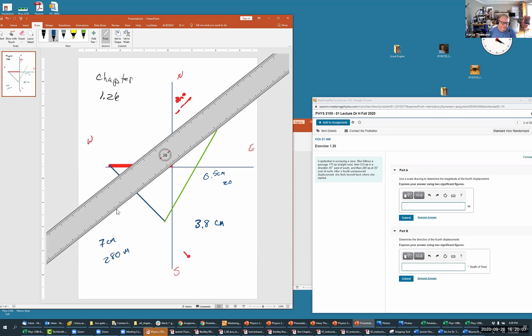So this is 7 times 10 to the negative 2. So that's going to be 280 enter, 7e minus 2 divide. So, 4,000 meters per centimeter?